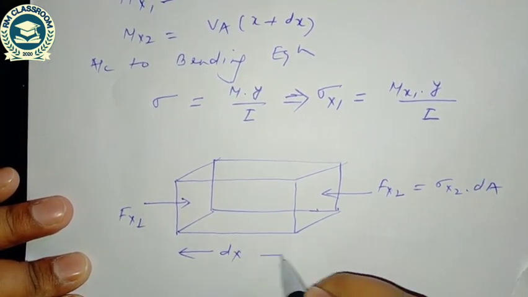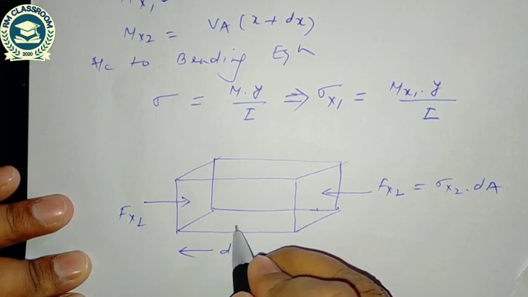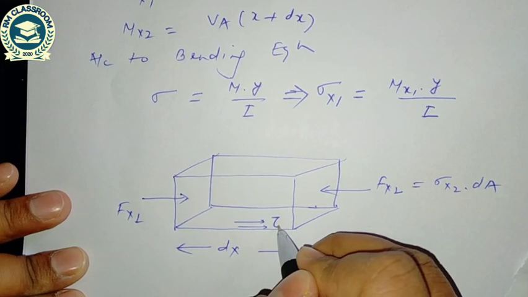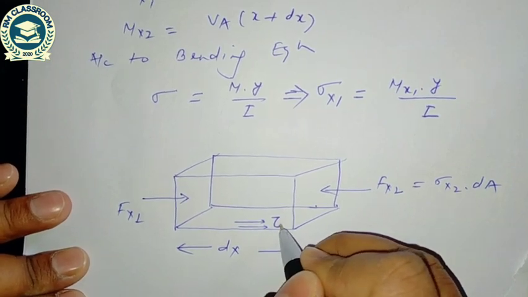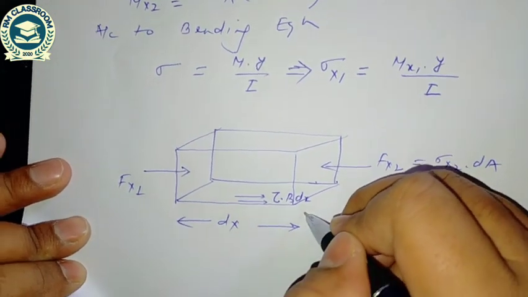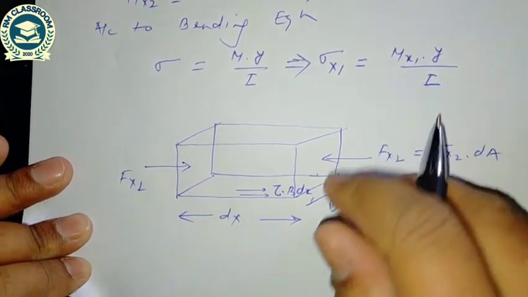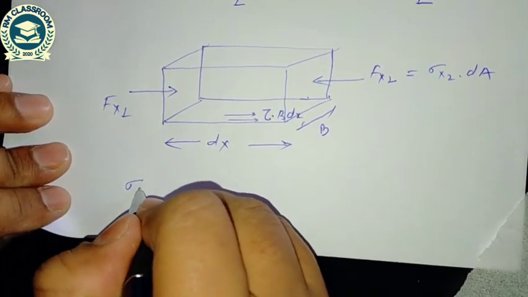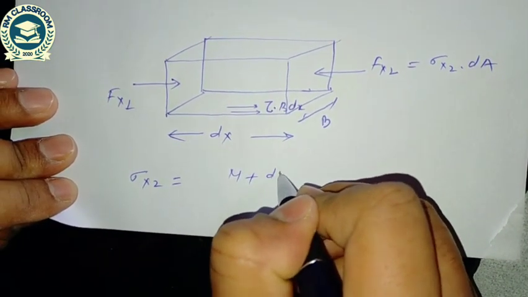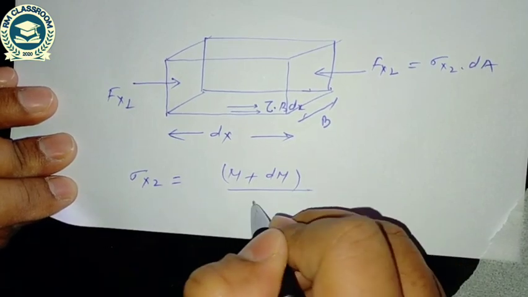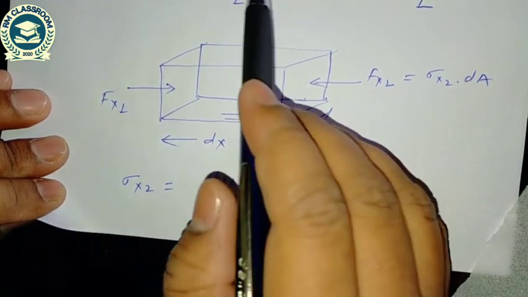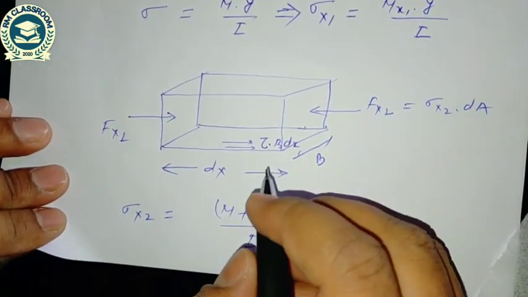This is dx. A shear stress will act, and the magnitude of the shear force is tau into b into dx. This is b. So sigma x2 is nothing but (M plus dM) divided by I into y, and dM is nothing but Va into dx.